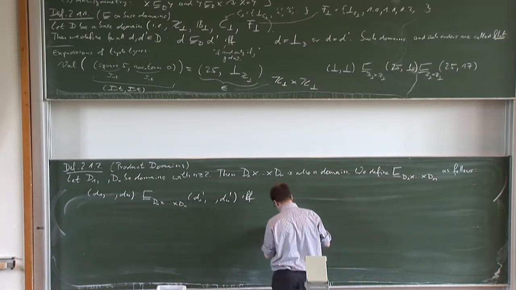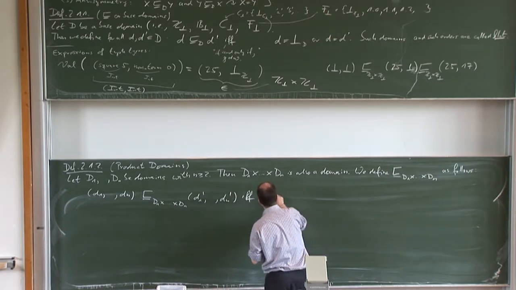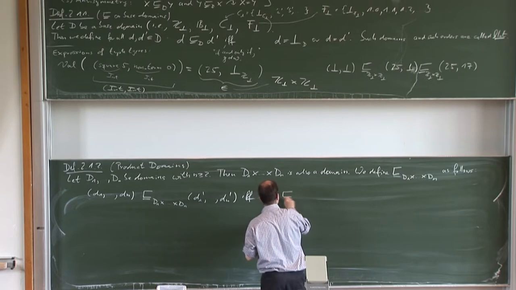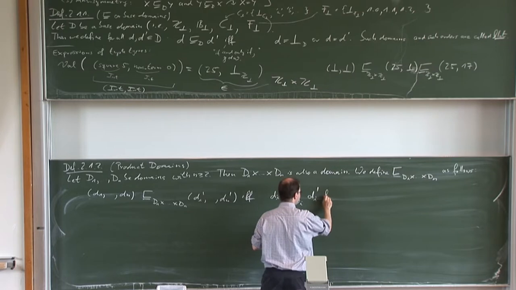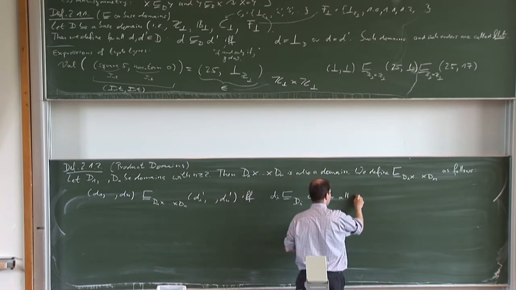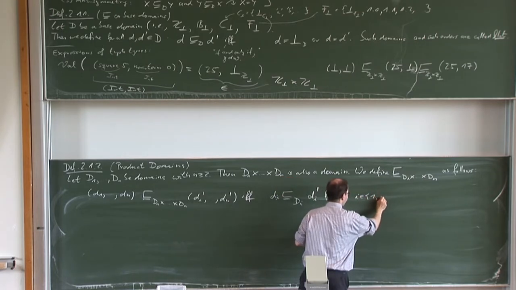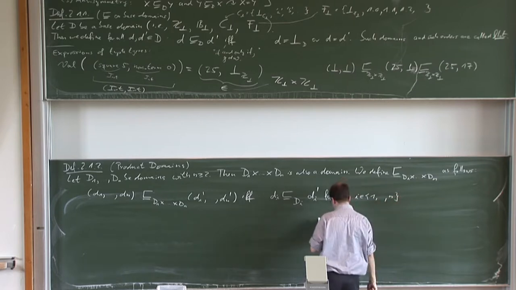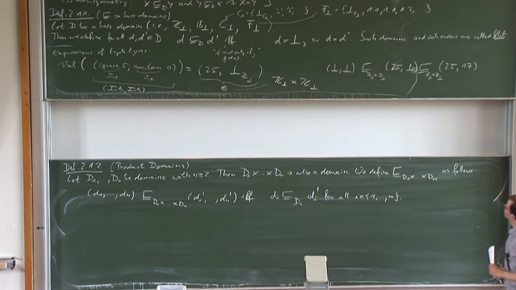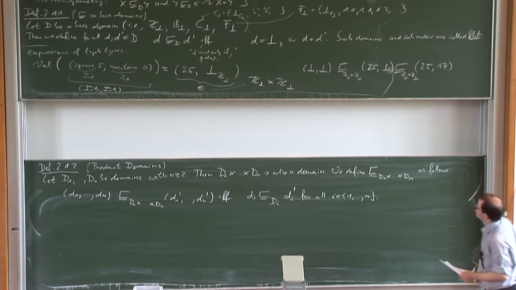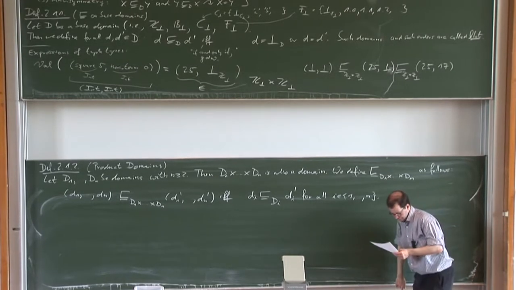So we want that di is less defined or equal than di prime for all i from 1 to n. This is exactly what happens up here. So there, bottom is less defined or equal than 25 in the first component. In the second component, bottom is less defined than bottom.